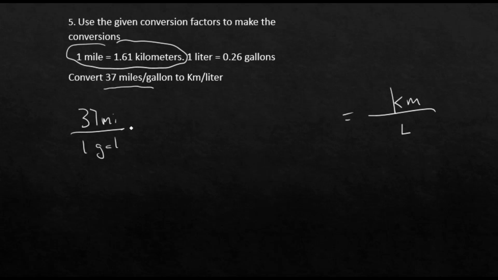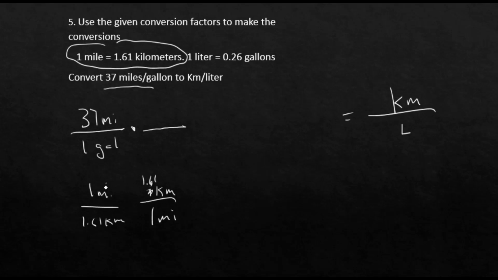The question you got to ask yourself, if I'm converting miles to kilometers, is where does the miles go? Which ratio? How do I make this? Do I make it 1 mile over 1.61 kilometers? Or do I make it 1.61 kilometers over 1 mile?